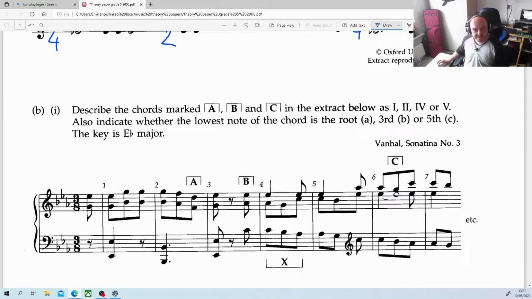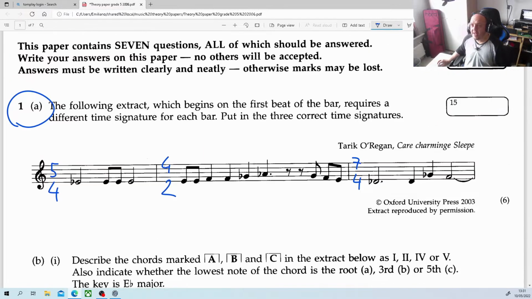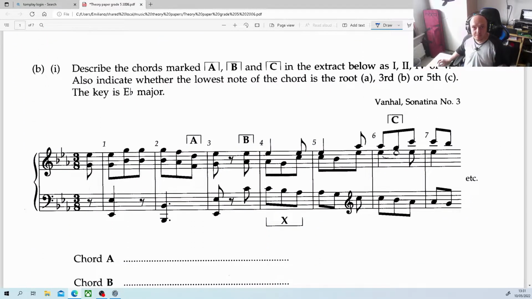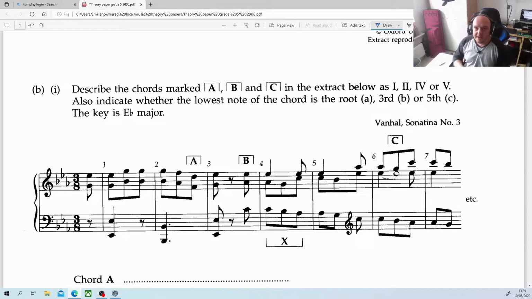Harmonic analysis. Okay, so that was adding up time values to a certain time signature. This is harmonic analysis. Next question, harmonic analysis. Let's read the question carefully.